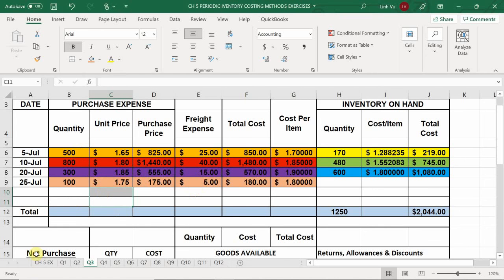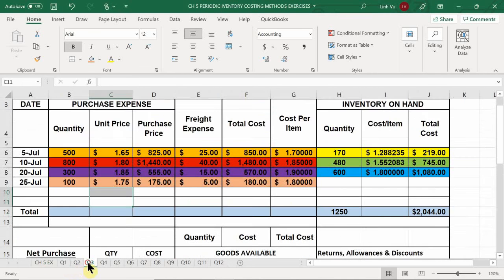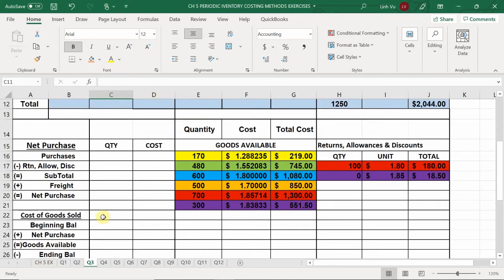And because this is my last scenario, therefore, on July 31st, I have a total of 600 units left on hand. So that is an indicator that I am completely done with this transaction.